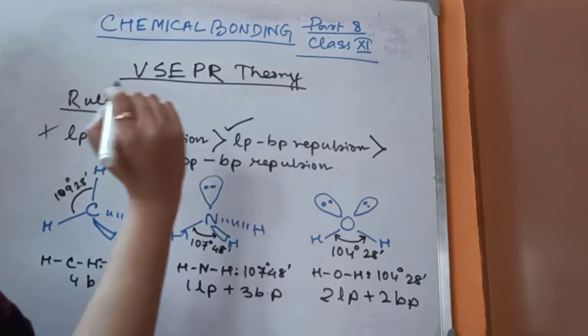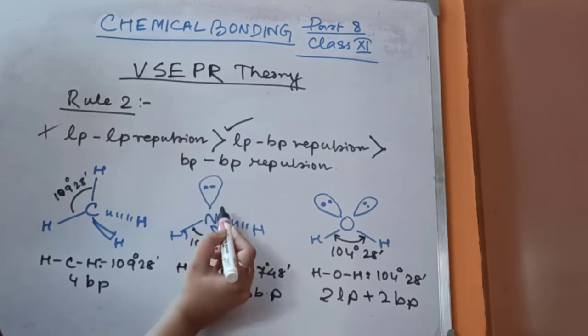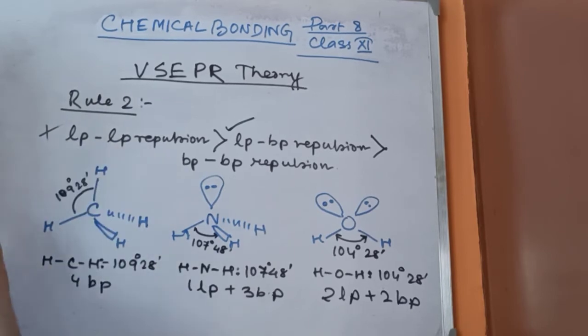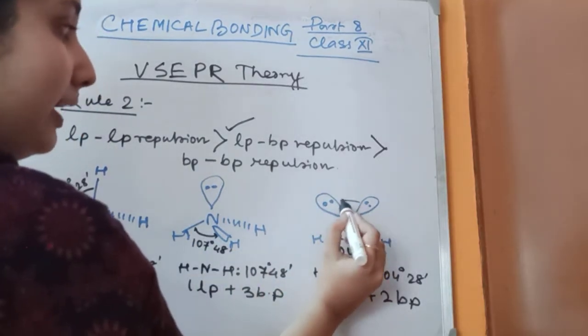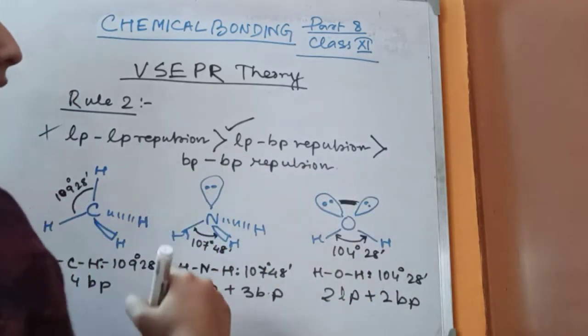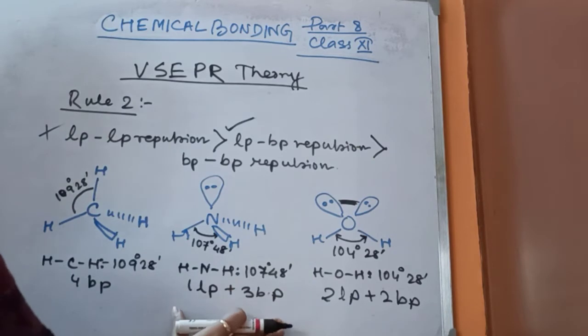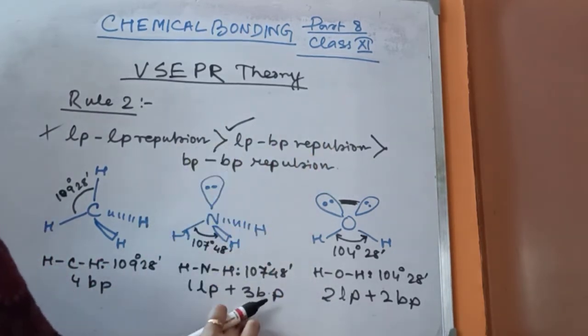And lone pair bond pair repulsion means repulsion between this lone pair and this bond pair, between this lone pair and this bond pair. And lone pair repulsion means here there are 2 lone pairs, the repulsion between these 2 lone pairs, that is lone pair repulsion. See, in ammonia we have only lone pair bond pair repulsion and bond pair repulsion.